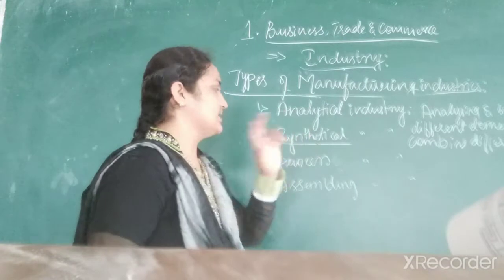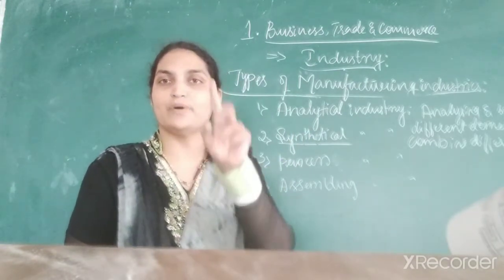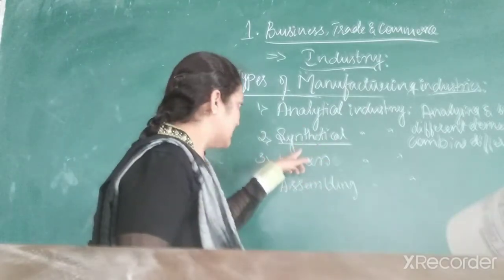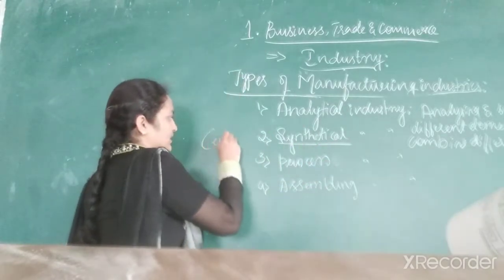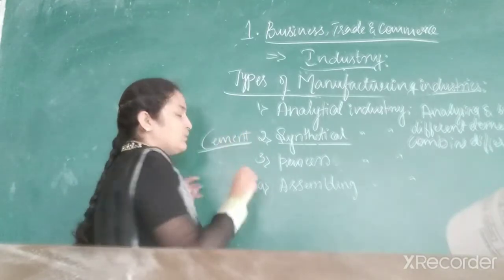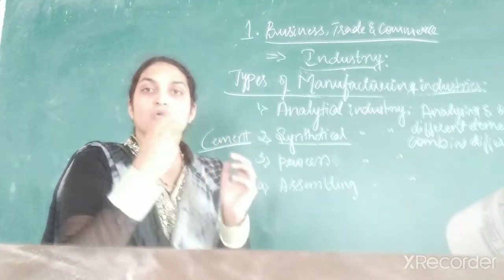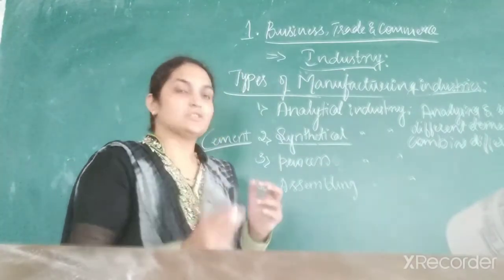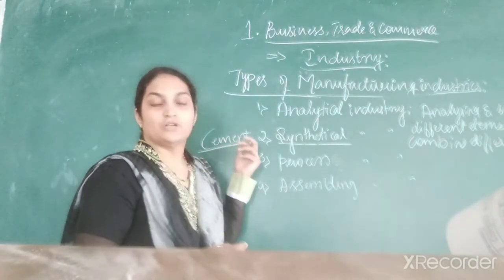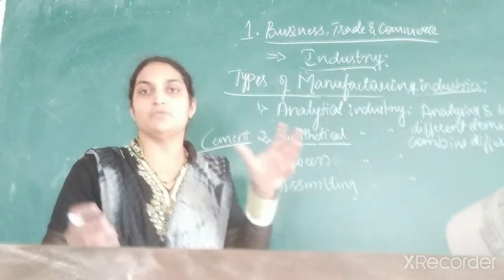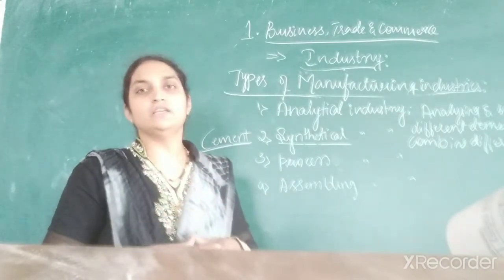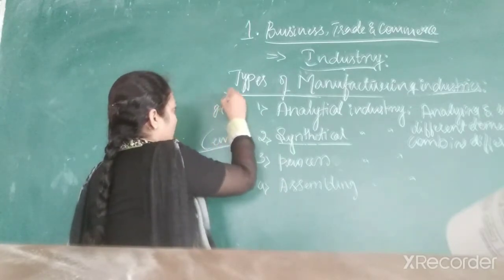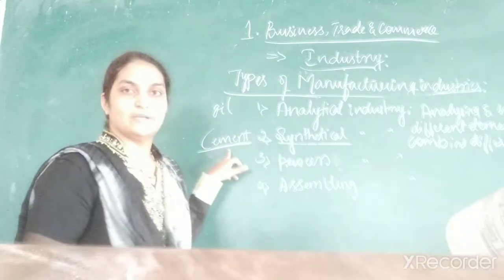That is called synthetical industries, as in case of paper as well as cement industries. You can give the example for synthetical industries: cement. In order to produce the cement, you are going to add different ingredients like coal, gypsum, and even glass will also be added. For synthetical industries, example is cement.